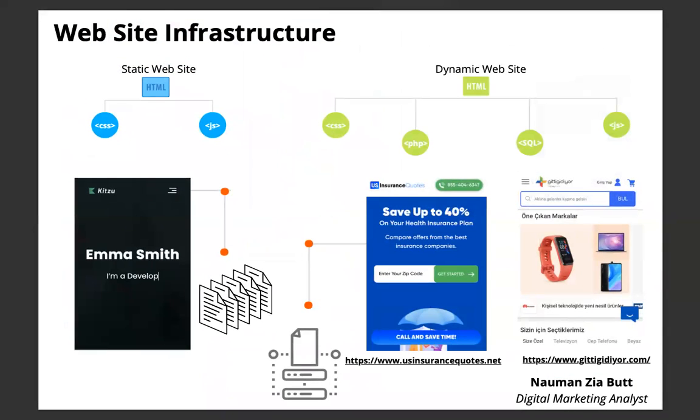First of all, if you want to have a high-speed website, you have to decide what kind of structure you are going to choose for the website. We have two kinds of structures here, as you can see. The first one is a static website, and the other one is dynamic.